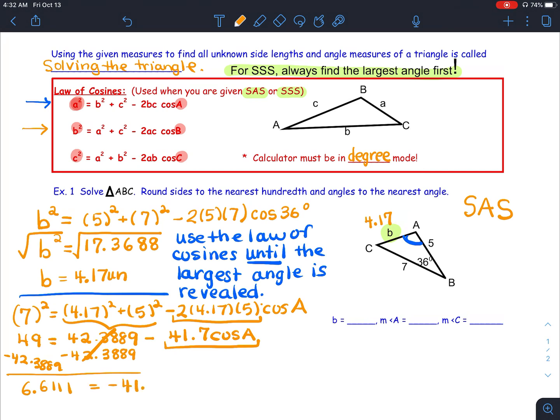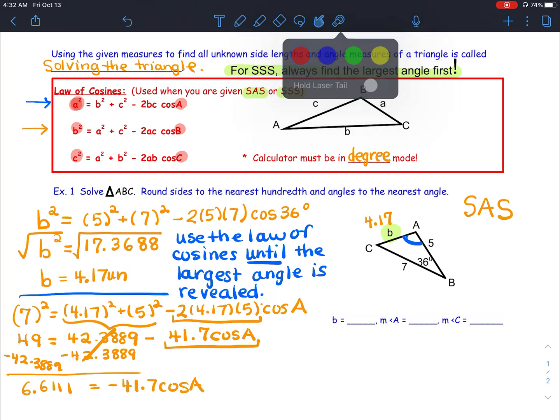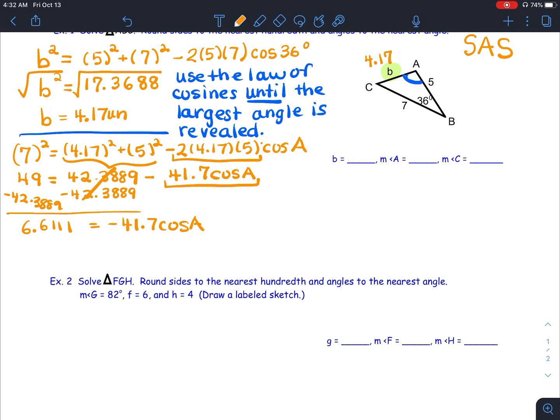And then we're going to divide both sides by negative 41.7. That gives us a kind of crazy number here. I'm going to write it down to a few places, but I'm going to keep the whole number on my calculator screen.